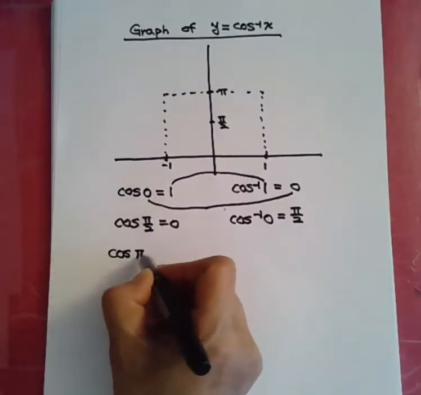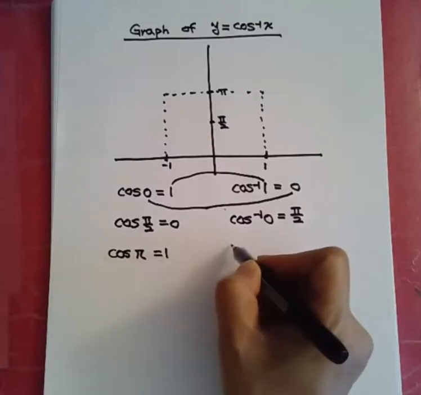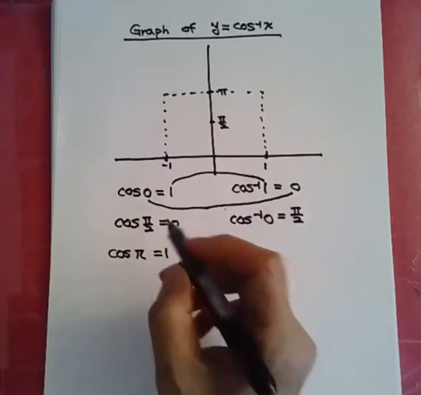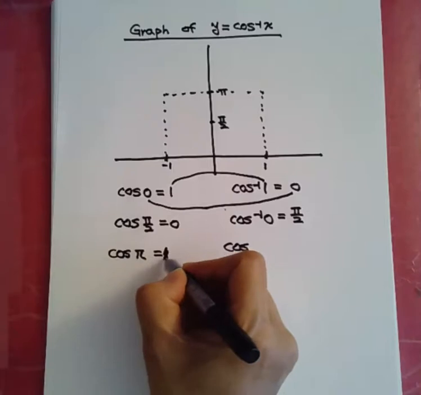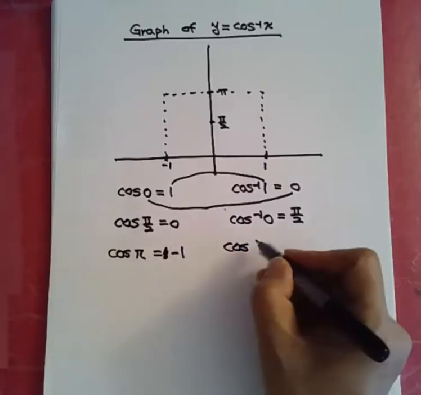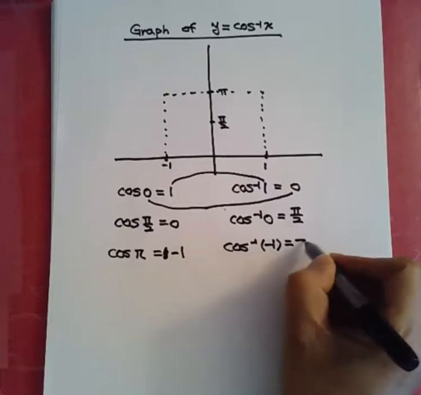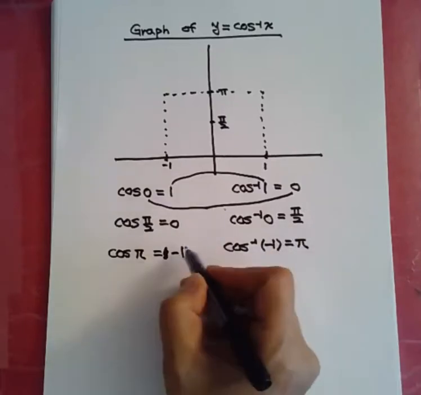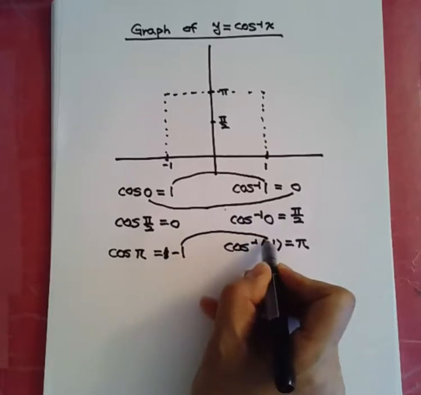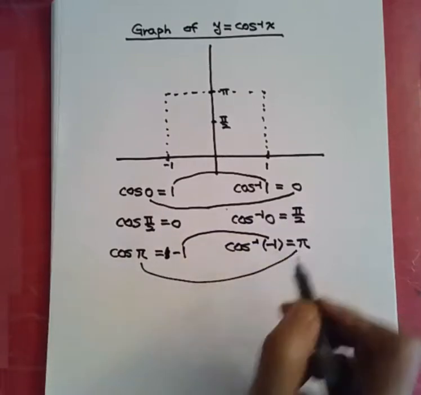Cosine of pi is -1. So cosine inverse of -1 equals pi. Again, output became input and input became output.